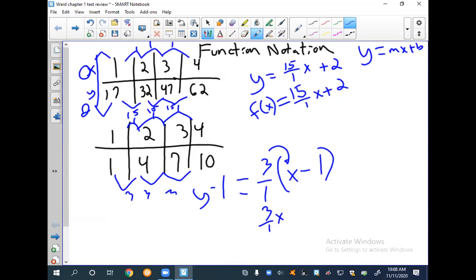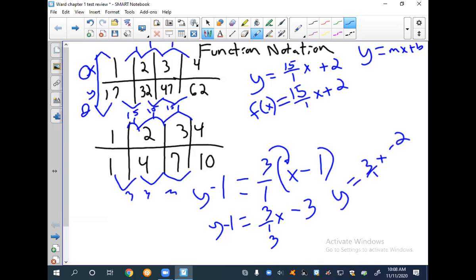And a 3 times a negative 1 is negative 3. Now, can I put it in function notation? Move the 1 over, I add a 1 to a negative 3, that gives me a negative 2. So my final answer would be y equals 3 over 1x minus 2.